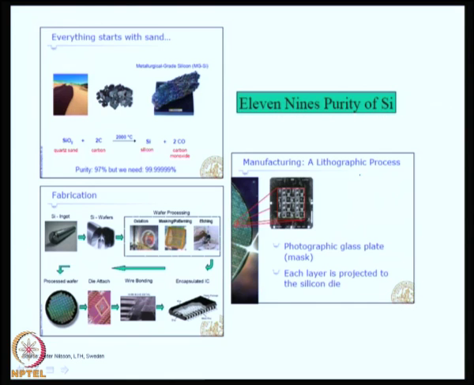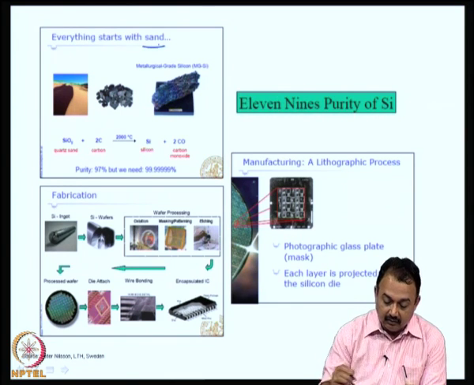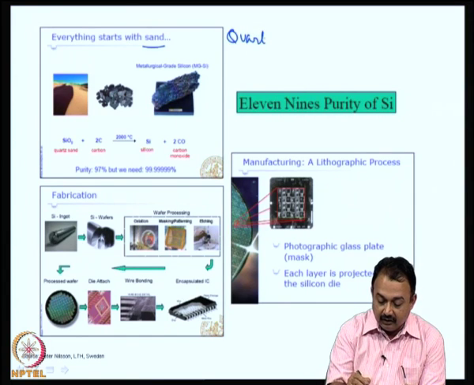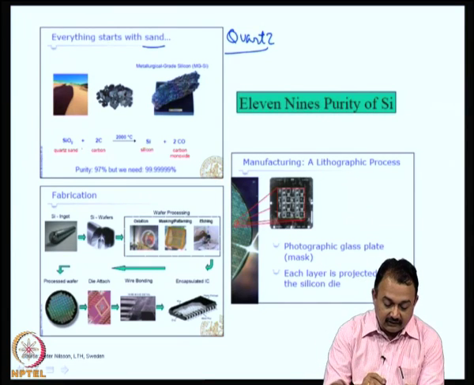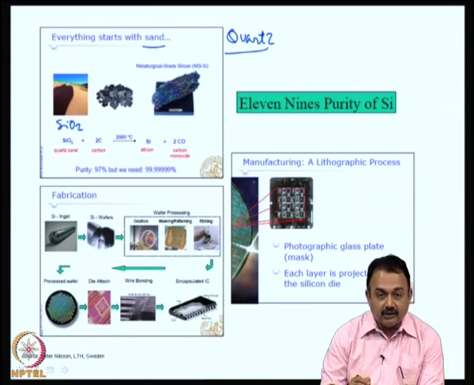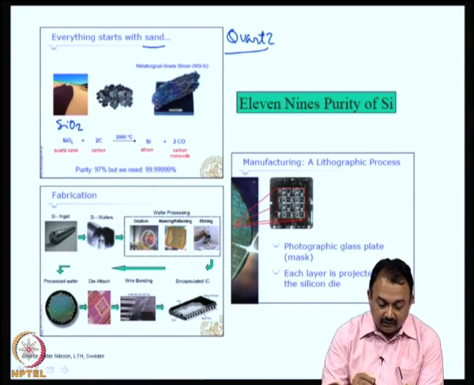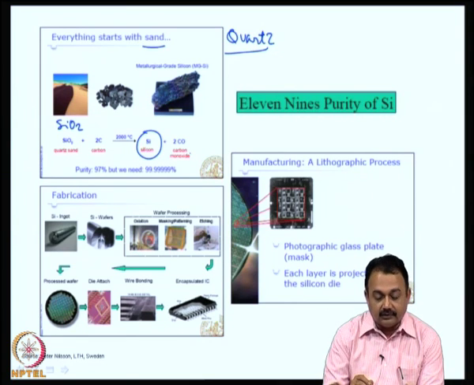Now, if you look at the process, everything starts with sand, basic sand material. You can call it more specifically quartz, quartz sand, which is silicon dioxide, and it reacts with carbon at high temperatures to form silicon and carbon monoxide.